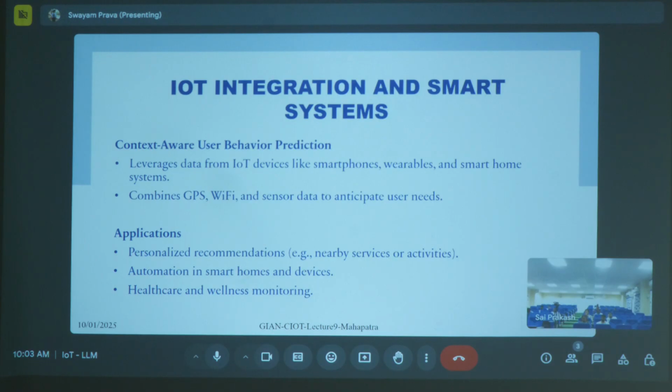These systems combine multiple data sources like GPS, Wi-Fi signals, and sensors to create a detailed picture of user behavior. Again, applications for this would be personalized recommendations like nearby services or activities, automation in smart homes and devices, and healthcare and wellness monitoring.